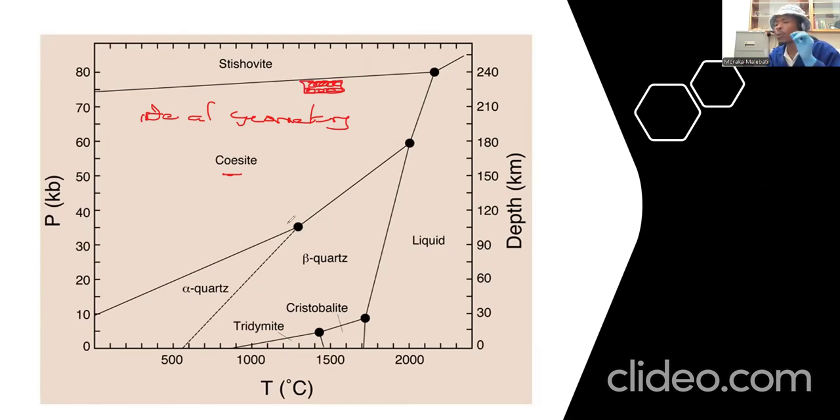So at low temperatures, for example for alpha quartz, you're going to have a structure that is more ordered and tightly packed.